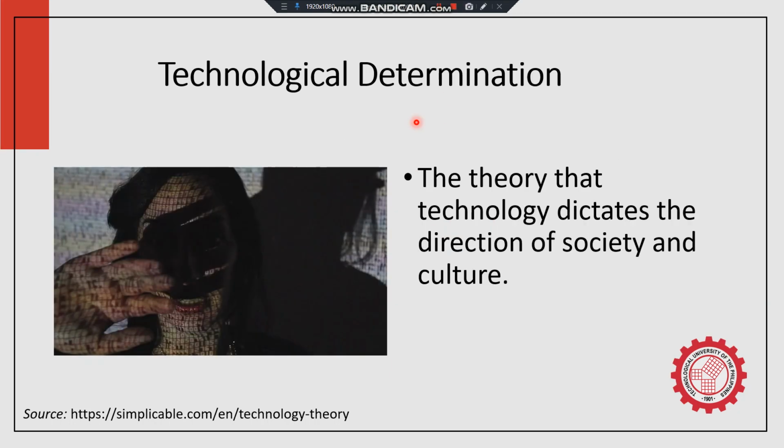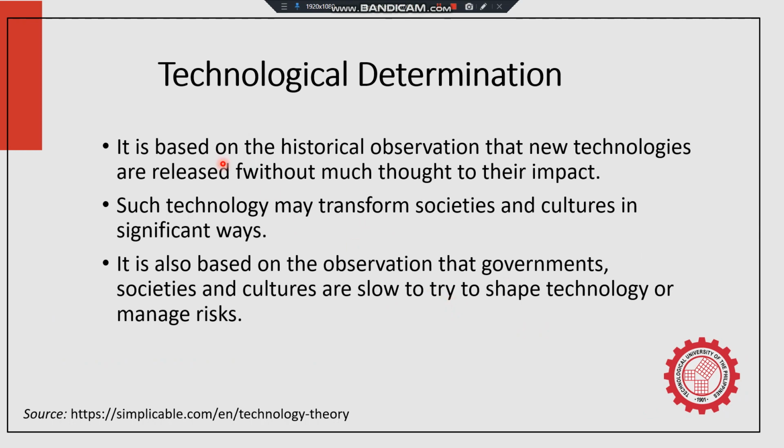Next is technological determination. The theory that technology dictates the direction of society and culture. It is based on the historical observation that new technologies are released without much thought to their impact. It was mentioned earlier in the precautionary principle, right?